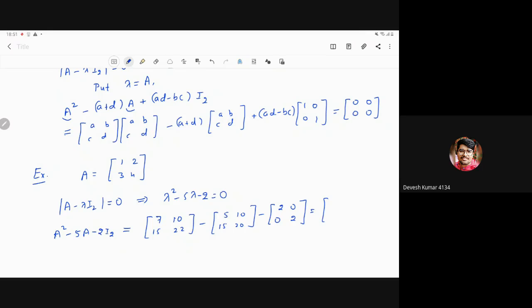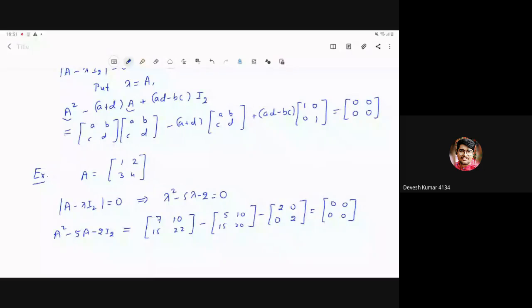You can see it is a null matrix. Do the calculations, you get a null matrix. Is it correct? Okay, good.